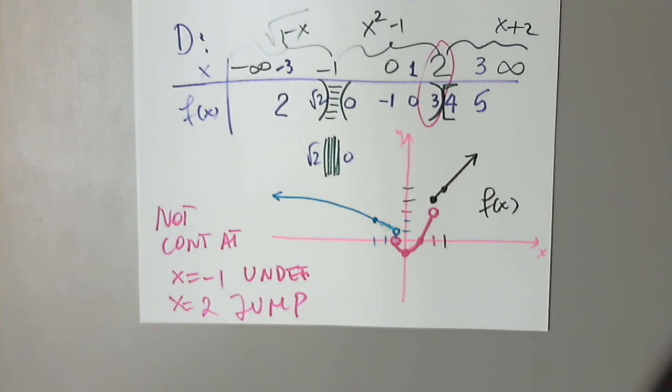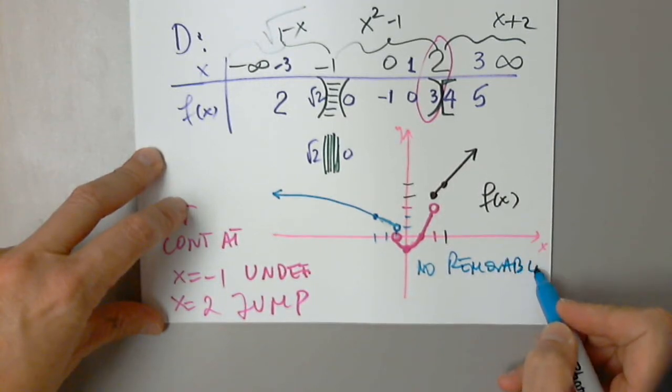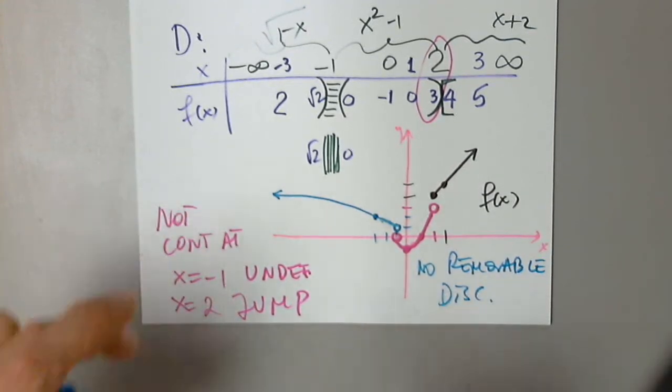This is a removable discontinuity: a hole, but both sides go to the same value. This is not removable. This is removable. Both sides go to the same value, but just the function value is not there. Does this function have a removable one? No. No removable discontinuity.